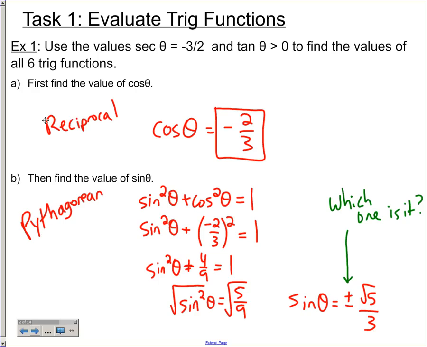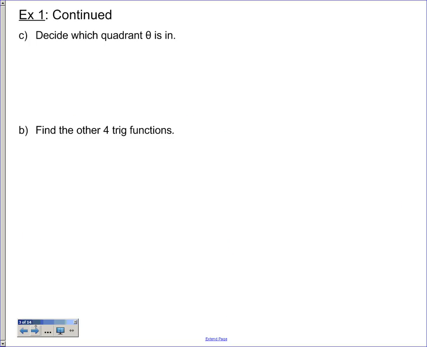Right? Well, for that, let's look at the next slide, which says, let's decide what quadrant the angle is in. So the first information we have is that secant of theta is less than 0. So secant relates to cosine, and cosine is negative in the second and third quadrants.